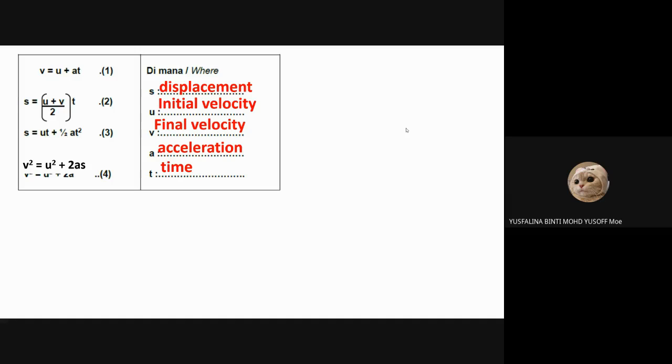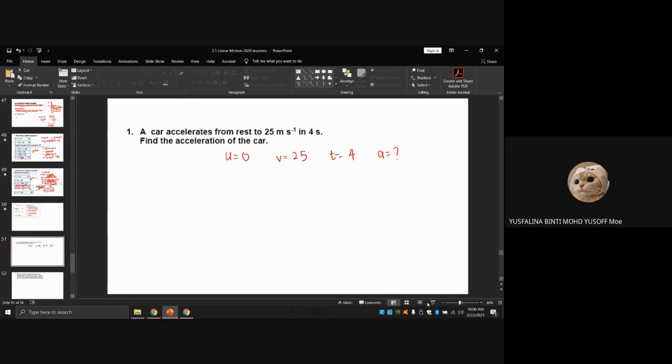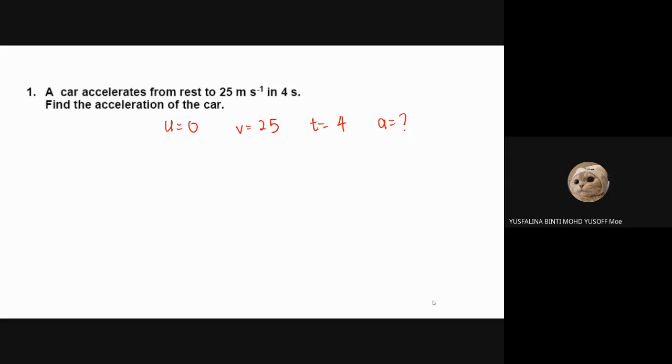So you have to use equation number 1. v is u plus at. So v is 25, u is 0, a you need to find, time t is 4.